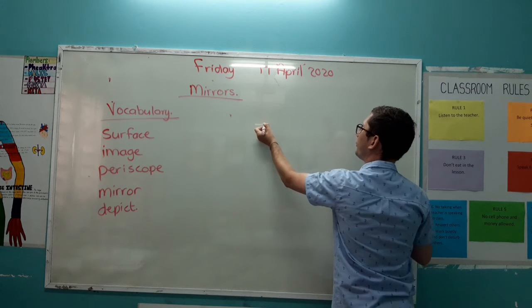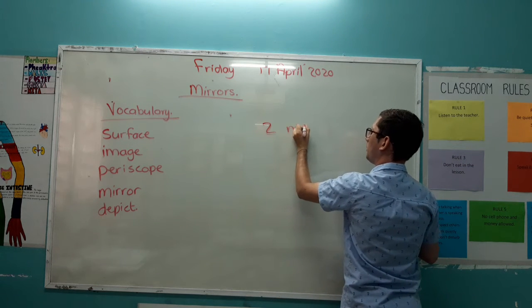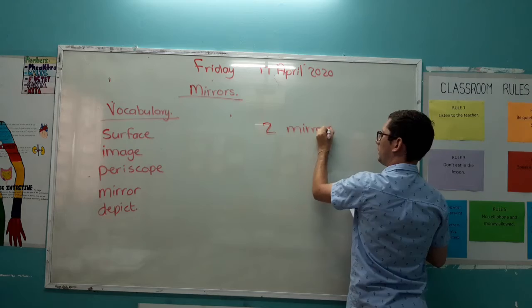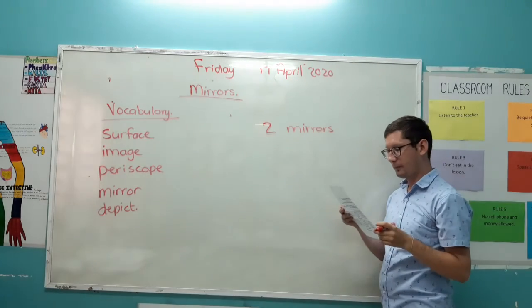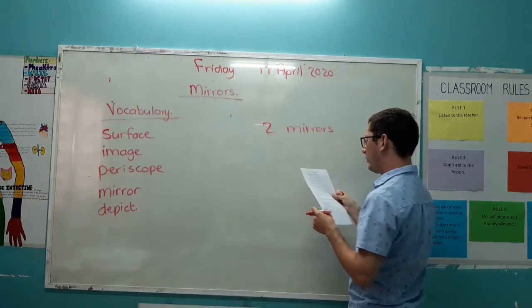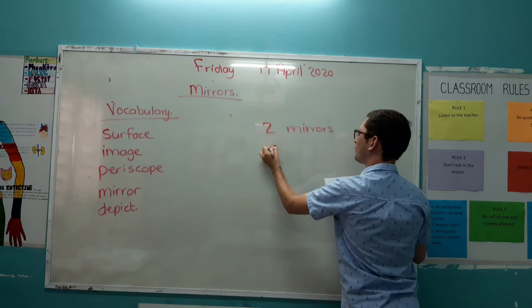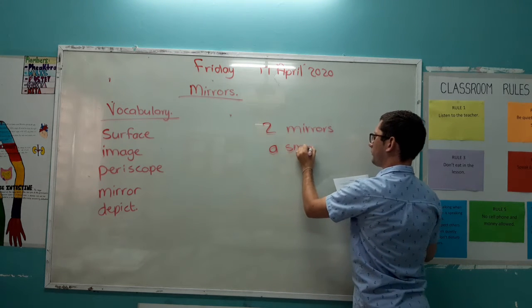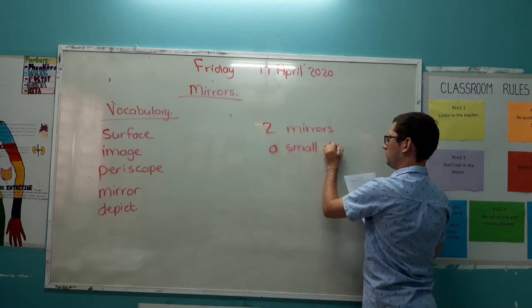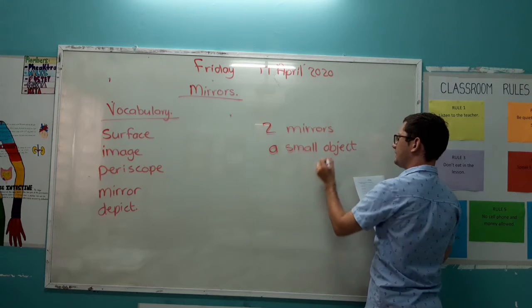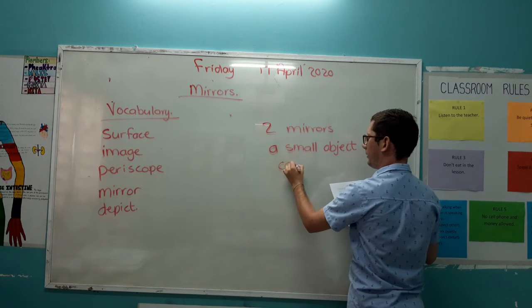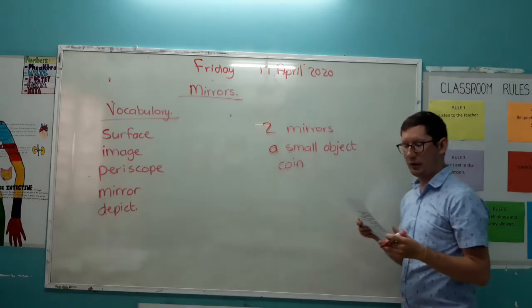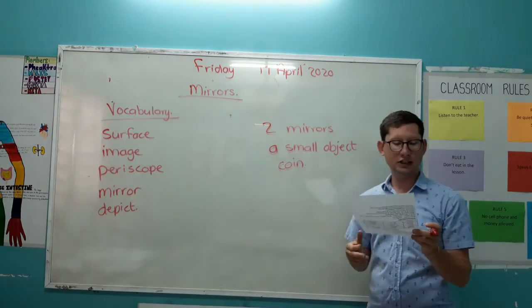You need two mirrors, okay? And you need a small object, like a coin or something. And then the instructions.